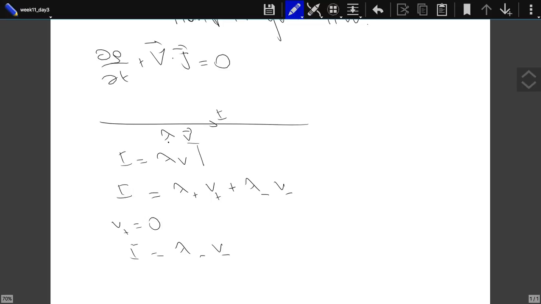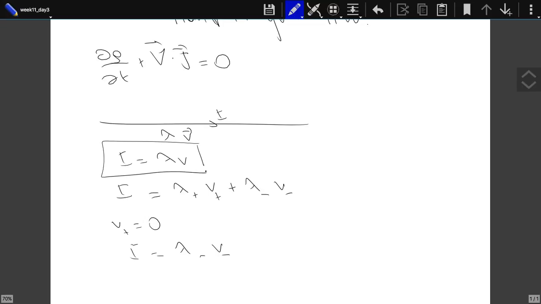So in this expression, what we should stress is that this lambda is the charge density of the moving charges, and v is the speed of the moving charges. So this wire is neutral, not because the current entering and leaving a given segment are equal, but mainly because in a given segment, the amount of negative charges is equal to the amount of positive charges.